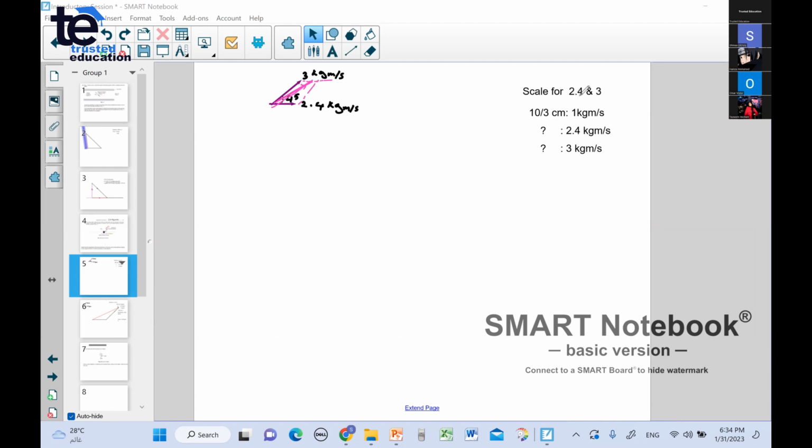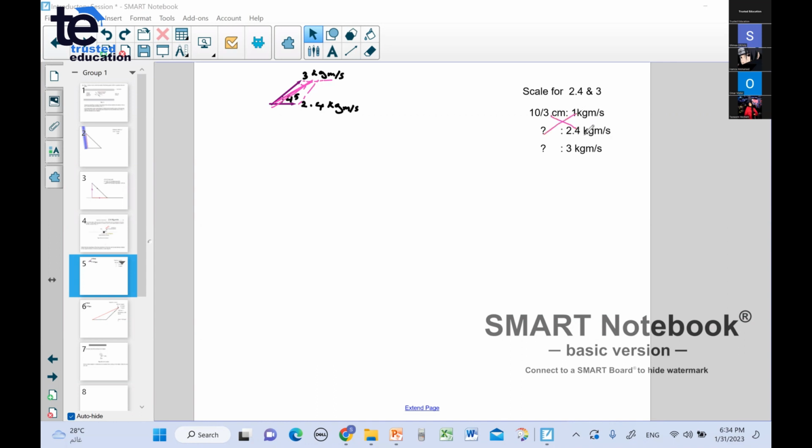First of all, I've seen that both are divisible by 3, and they will give me a very small value. So that's why I multiplied by 10. Now, I got the scale that every 10 over 3 centimeter will give me 1 kilogram meter per second. So 2.4 kilogram meter per second will give me what?